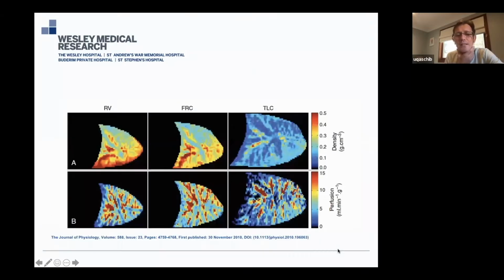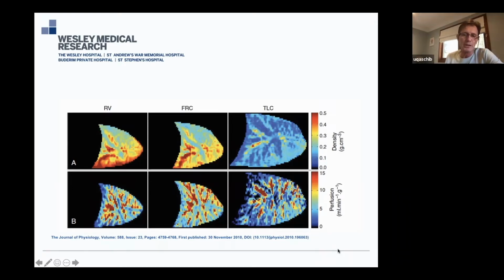Now here, just to demonstrate what more sophisticated CT scanning can do. In the upper 3 pictures is the ventilation distribution, and in the lower 3 images is the perfusion distribution.